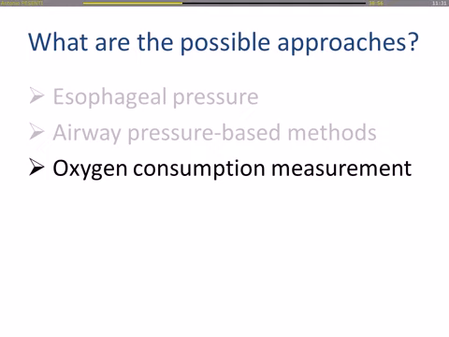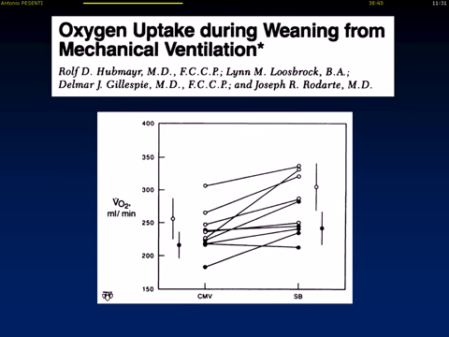You can measure oxygen consumption directly. And during weaning, or if you decrease the support, common knowledge tells you that if you decrease support, oxygen consumption increases. Why? Because the patient has to work more.